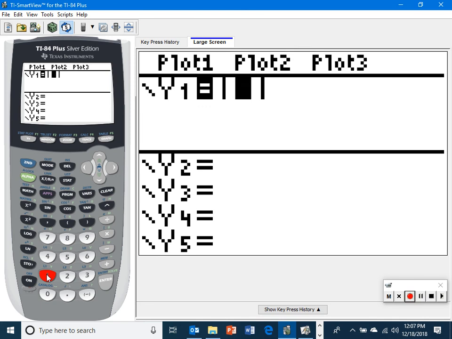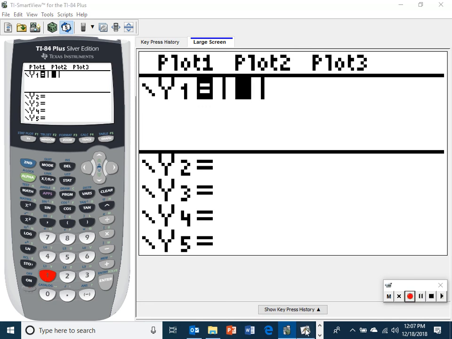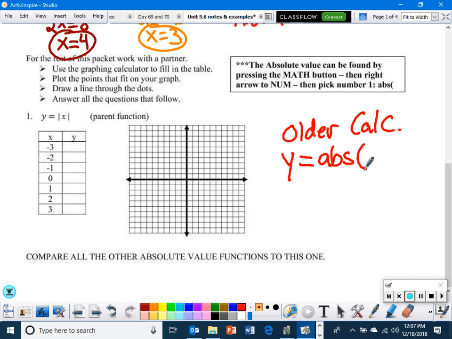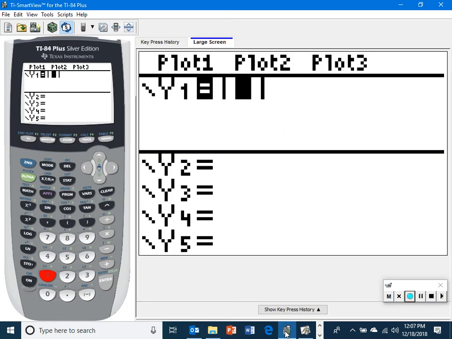Now, you will notice, ladies and gentlemen, if you've got an older calculator, yours looks a little bit different. I'm going to show you, if you've got an older calculator, it showed up like this. It put the ABS there. That's what you are seeing in this screen.